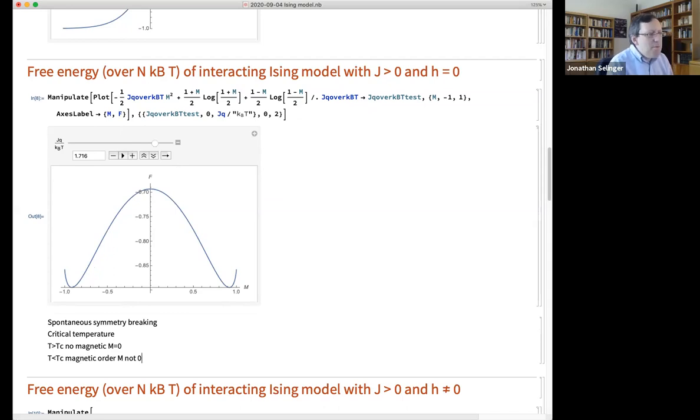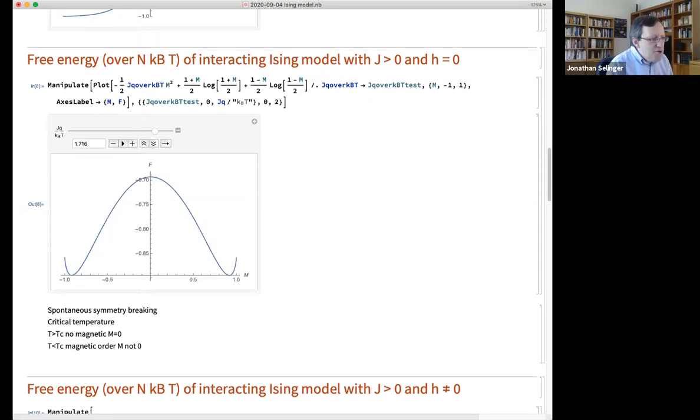And it will be random which way it goes. It will be randomly M is positive or M is negative. So this is the concept of spontaneous symmetry breaking, right? That all by itself, the magnet randomly will point mostly up or mostly down, okay?